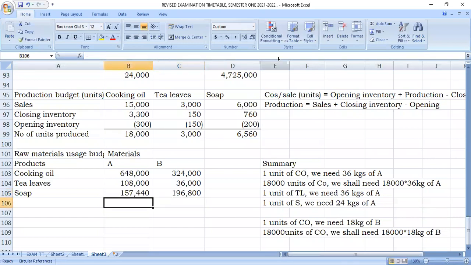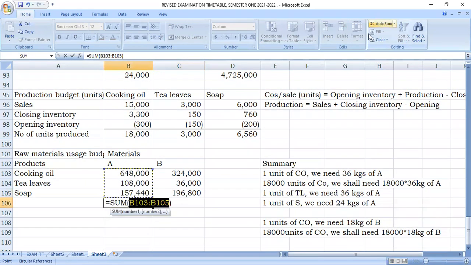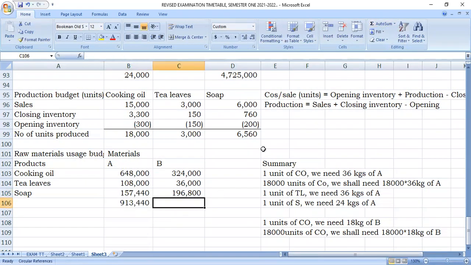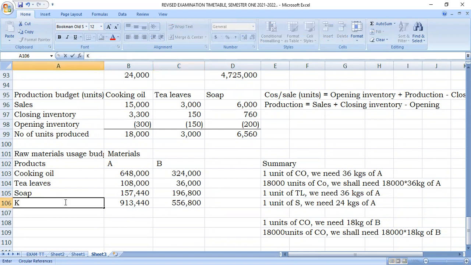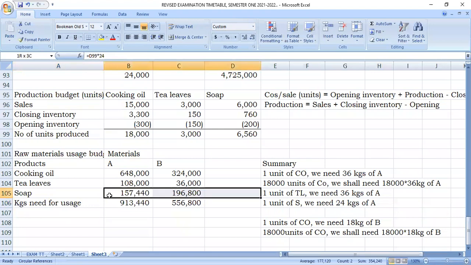So this will give you, if I may add, in terms of usage, these are the materials, in kgs, needed for usage.